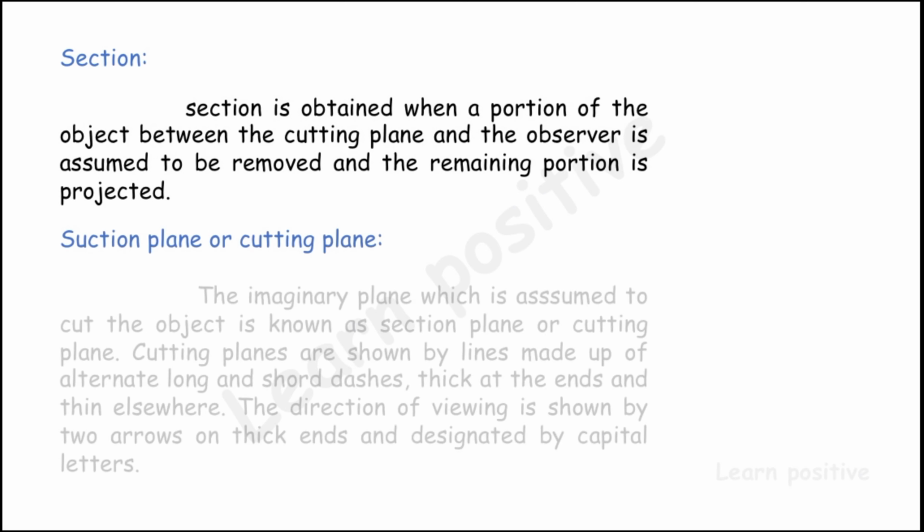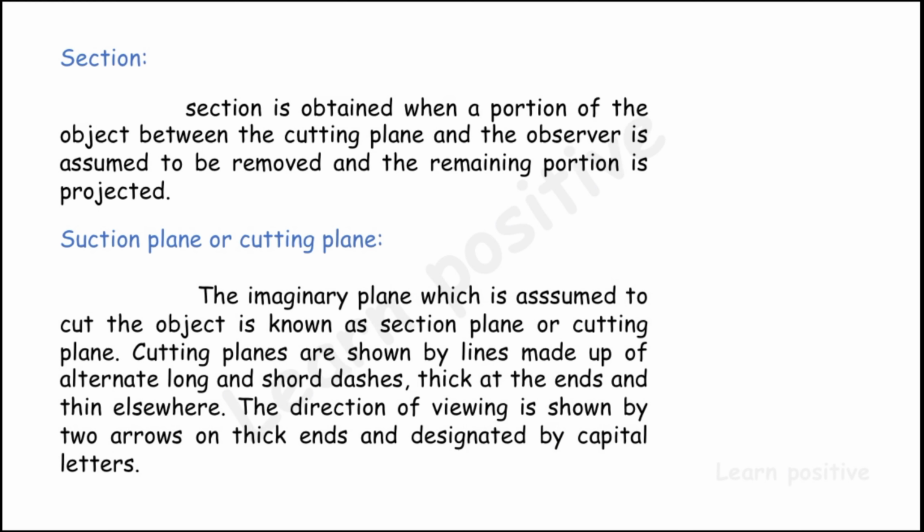What is a section plane or cutting plane? A section plane is an imaginary plane which is assumed to cut the object. Cutting planes are shown by lines made up of alternate long and short dashes. It will vary from one part to another.